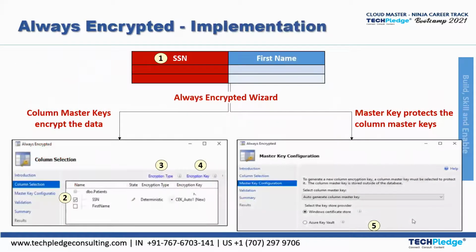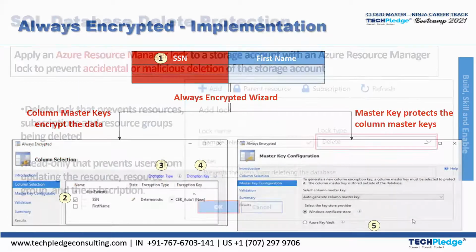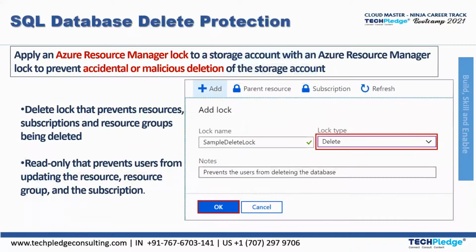So then this is the implementation, and this is SQL database delete protection. As we saw, we can set a lock to the server as well as the database. You can also add extra security to your database by adding an extra lock on your SQL database.